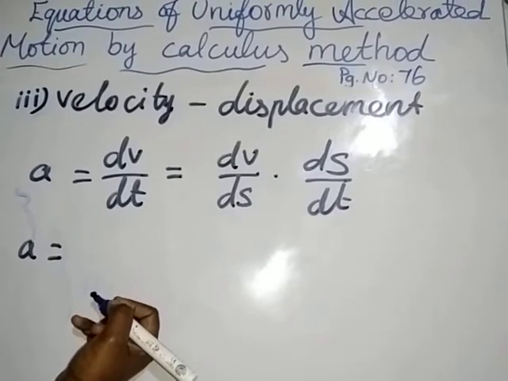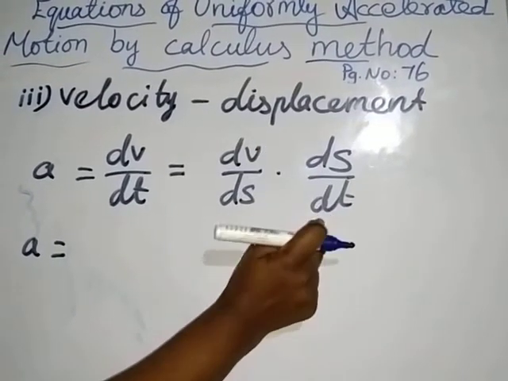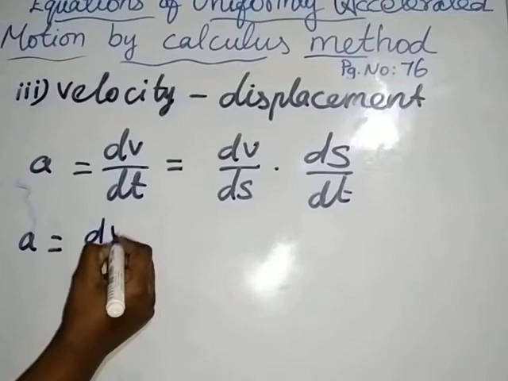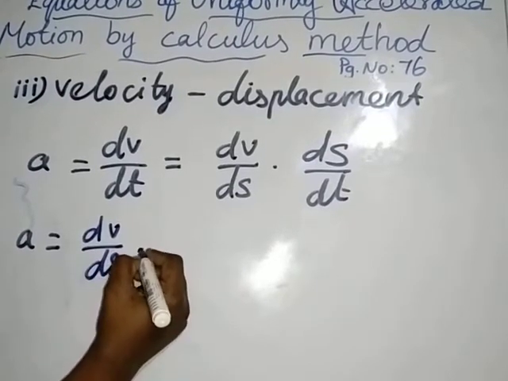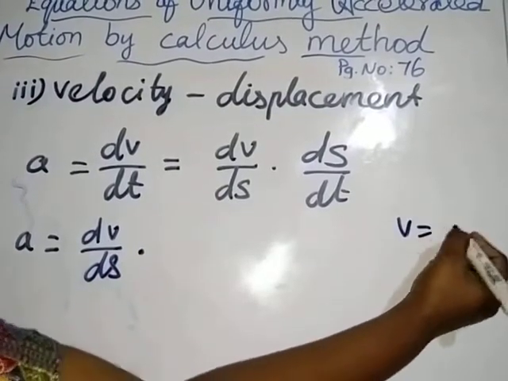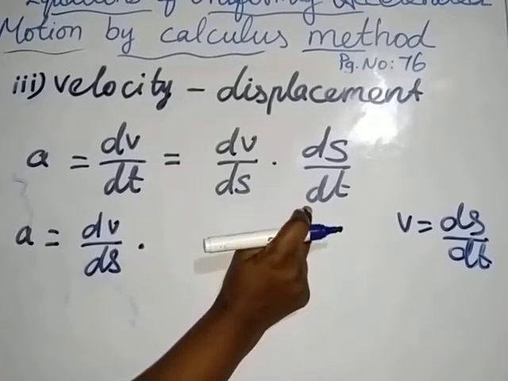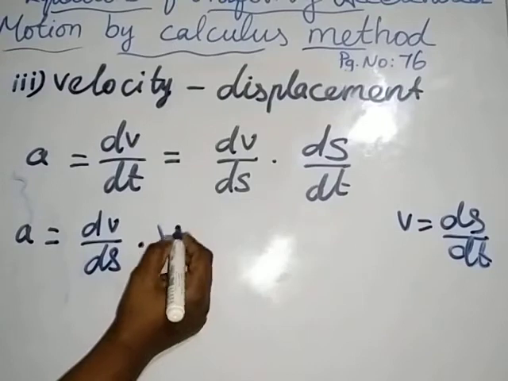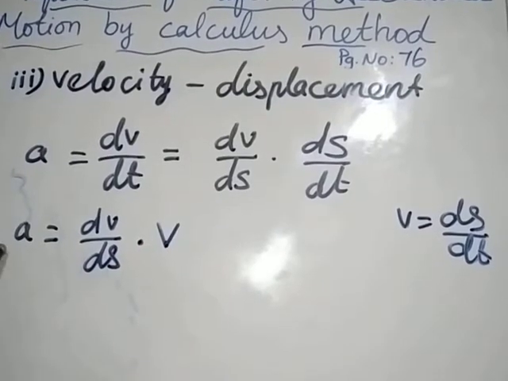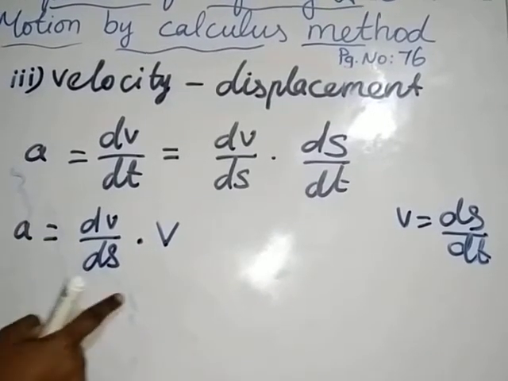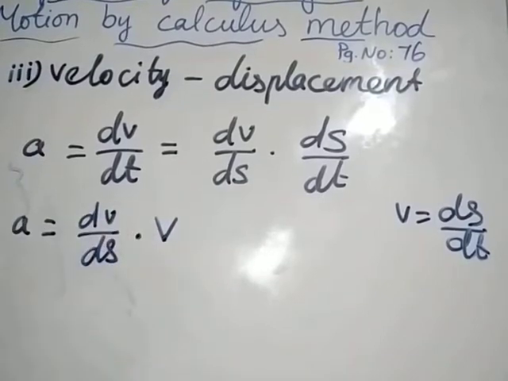The formula for velocity is displacement by time, so ds by dt is v. Now a equals dv by ds into v.